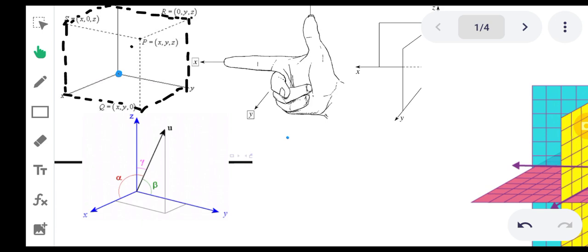Irrespective of where we are moving our point to, we will get different angles.